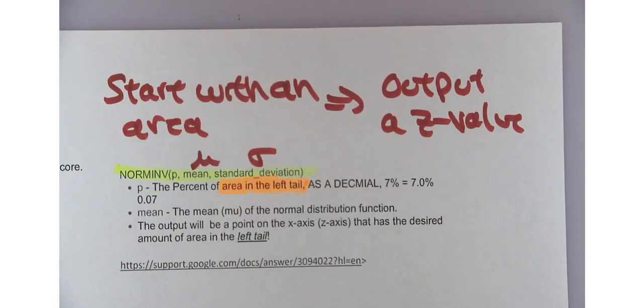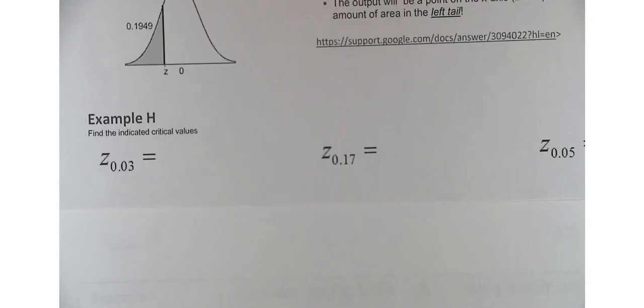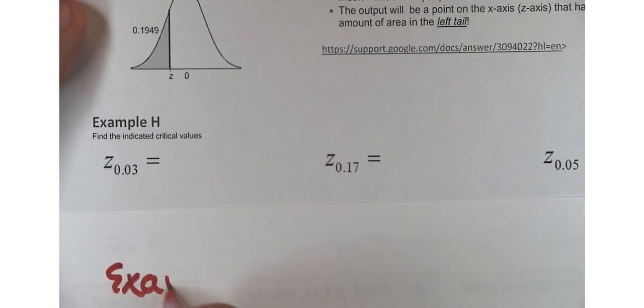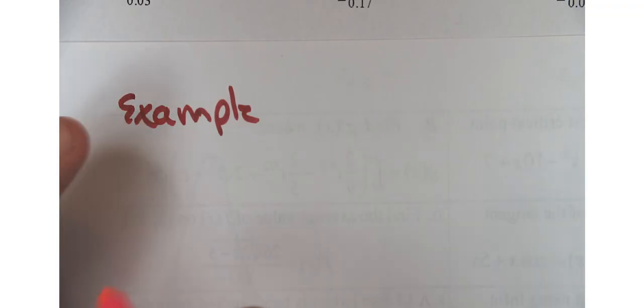Let's take a look at how example H pans out, and let me draw it here for us. A lot of times on the exam, I'll draw blank normal curves for you and ask you to shade that kind of stuff in. It's to guide your thinking and help you be critical of your answers.